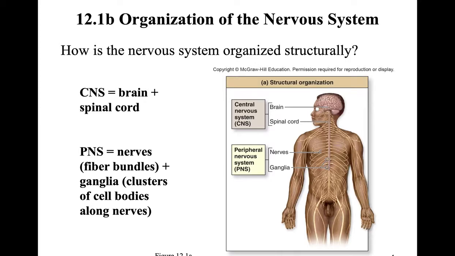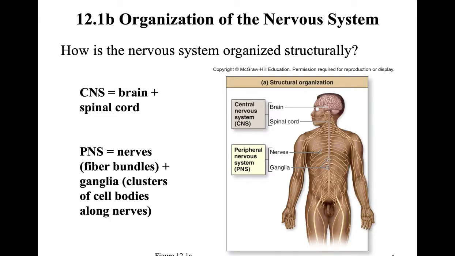We also see that anything that comes off the brain will belong to the peripheral nervous system. Anything that comes off the spinal cord will also be peripheral nervous system. So anything off the brain, off the spinal cord will belong to the peripheral nervous system.